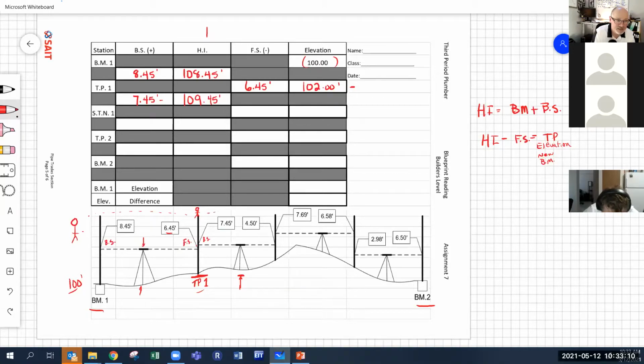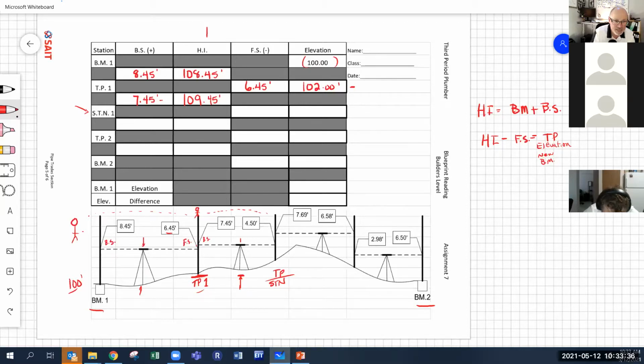So now this guy can move with the rod to a new turning point, or sometimes called station. And we have it here as a station 1. And we can then take a foresight. The instrument stays put while the rod reader moves.